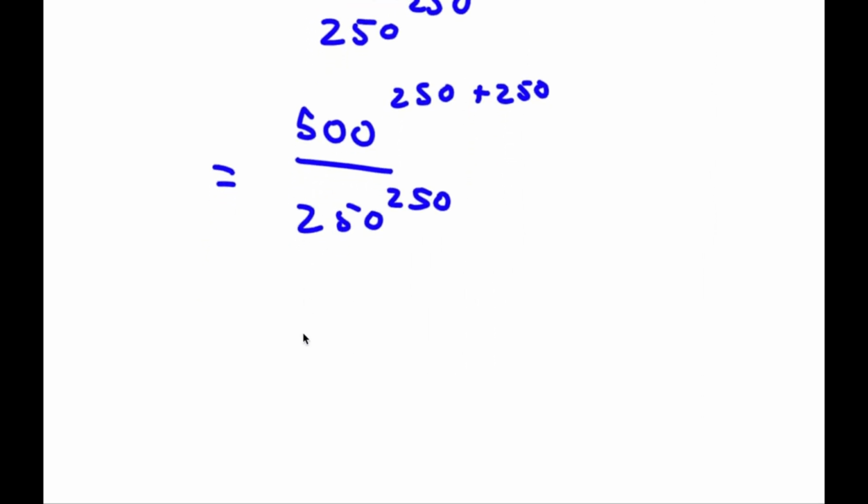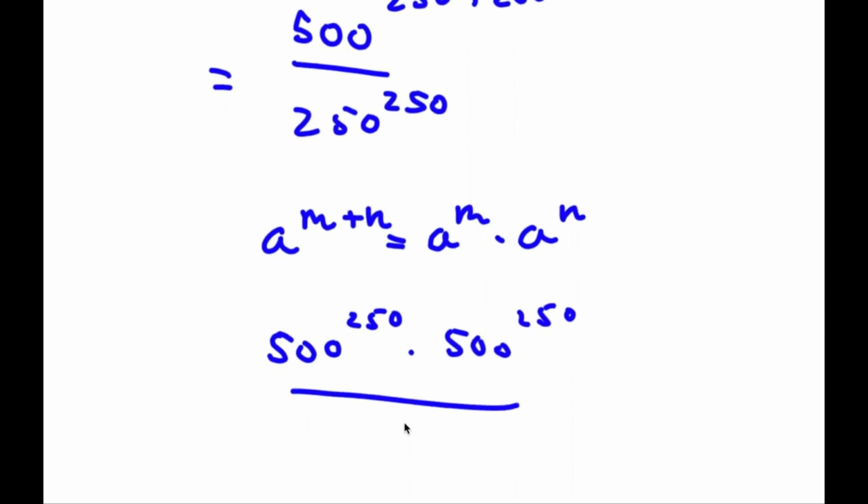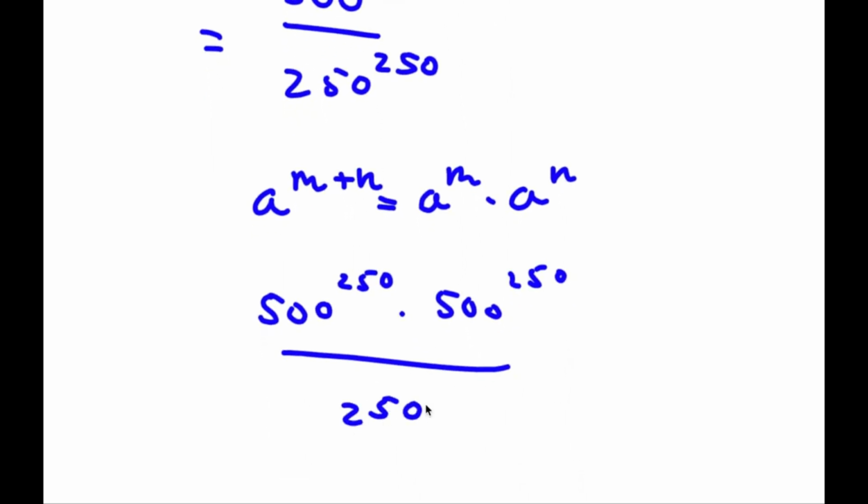Now, if I have something in the form a to the power of m plus n, this is equal to a to the power of m times a to the power of n. So in this case, 500 to the power of 250 plus 250 is equal to 500 to the power of 250 times 500 to the power of 250 over 250 to the power of 250.